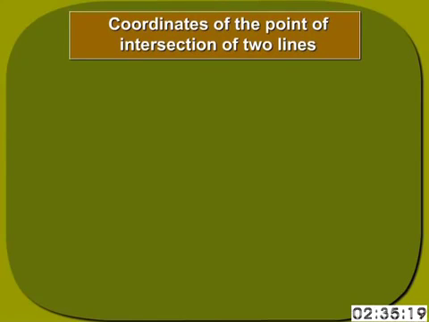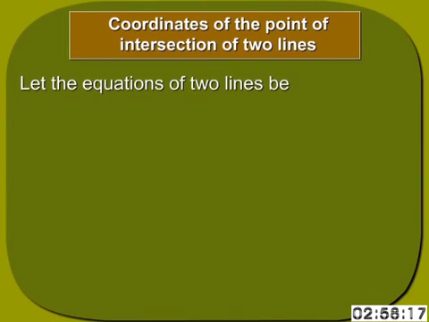Now let us discuss how to find the coordinates of the point of intersection of two lines. To find the coordinates of the point of intersection of two non-parallel lines, we solve the given equations simultaneously, and the values of x and y so obtained determine the coordinates of the point of intersection.